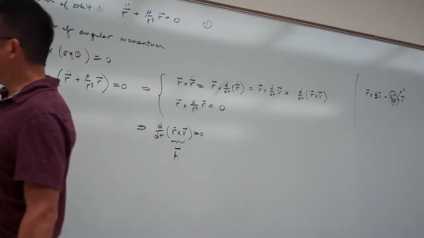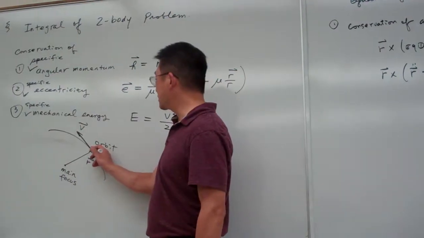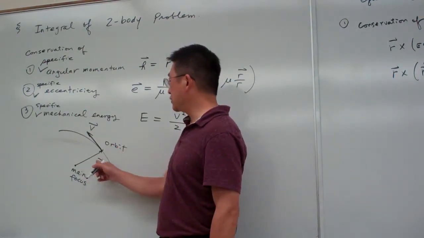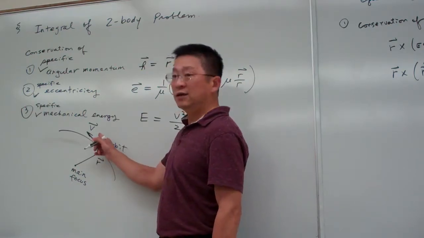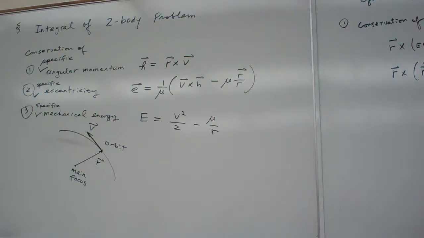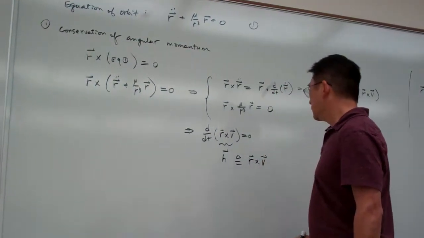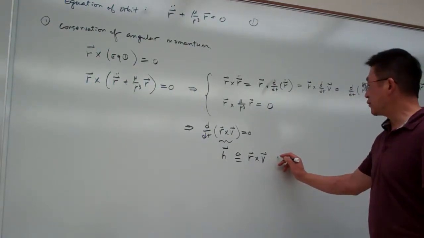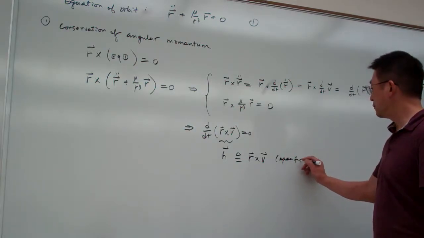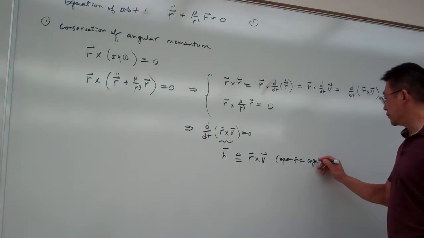Here we are given the location vector of, say, the satellite, and we know the velocity vector. You simply take the cross product of r and v, and that gives you the momentum. This is called the specific angular momentum.